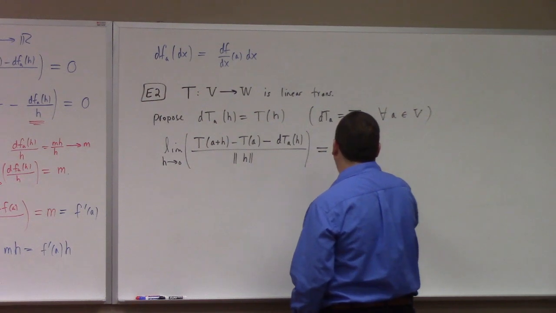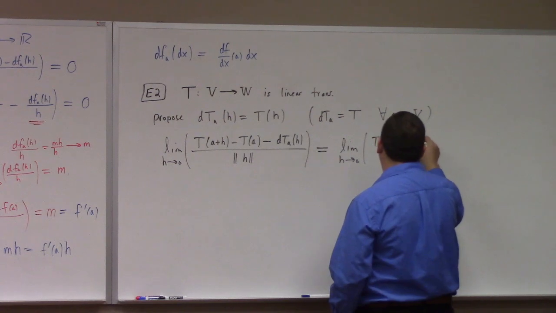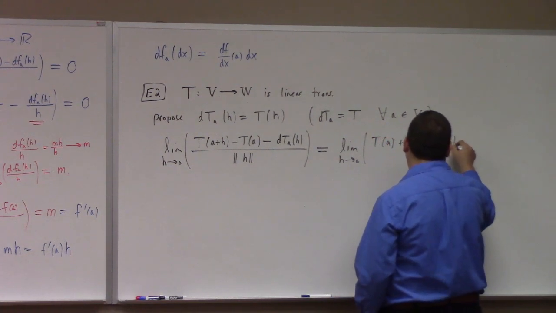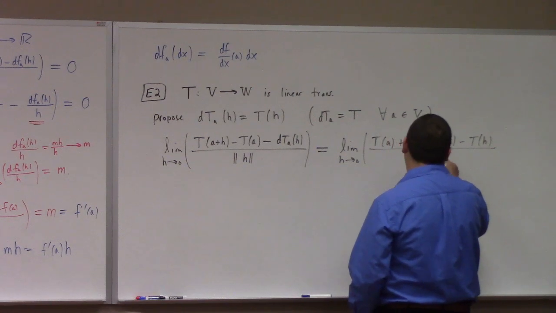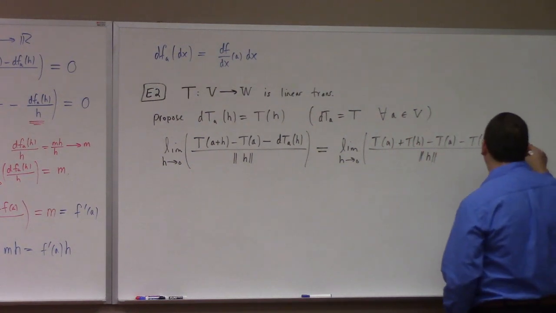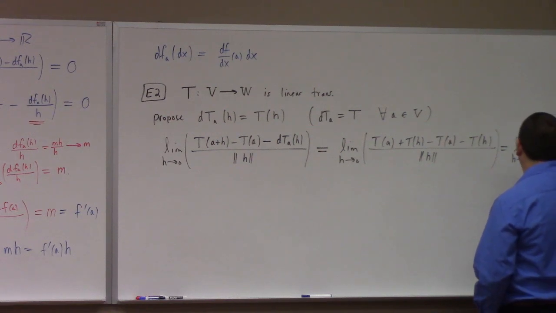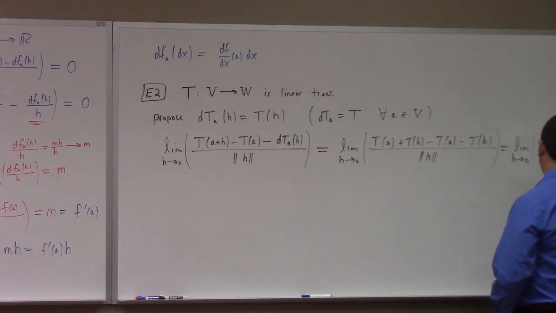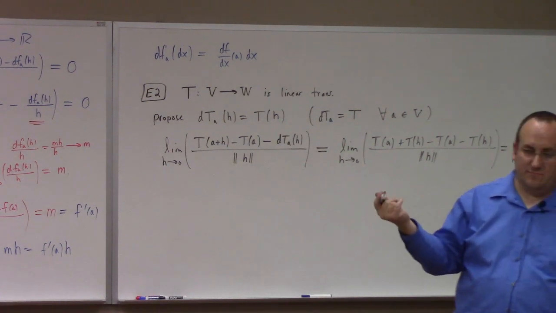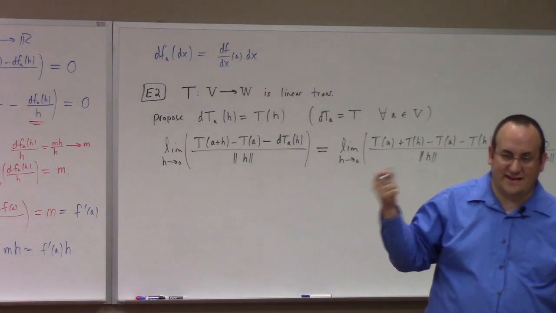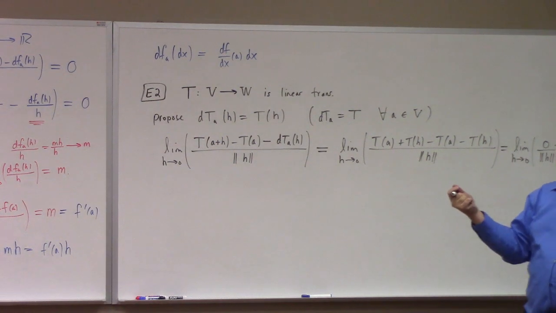So when linear, we get T of a plus T of h minus T of a minus T of h. Also known as the limit as h goes to 0. So much writing for so little thinking. The numerator is identically 0, right? So this limit is 0.